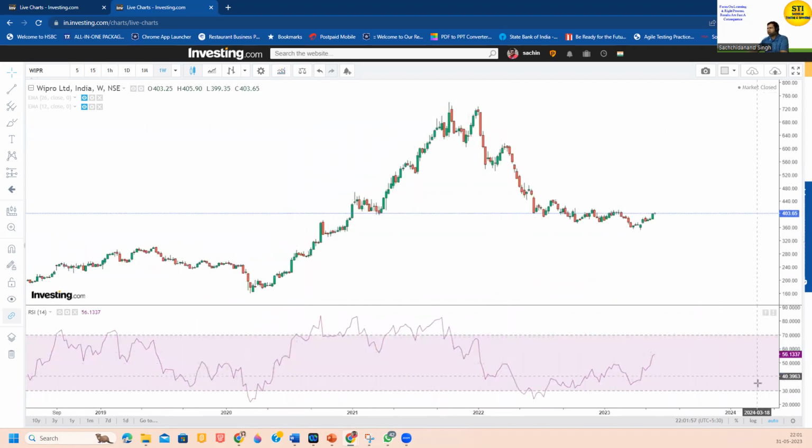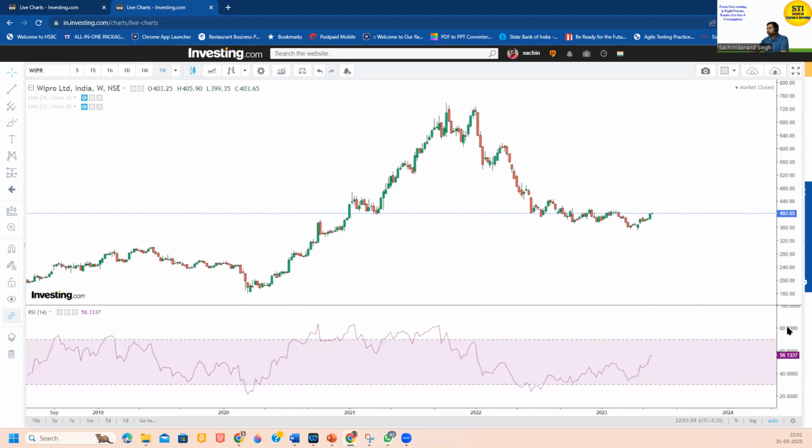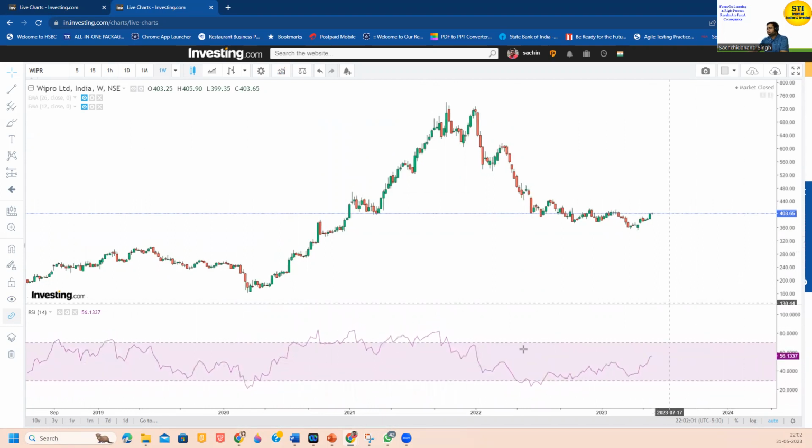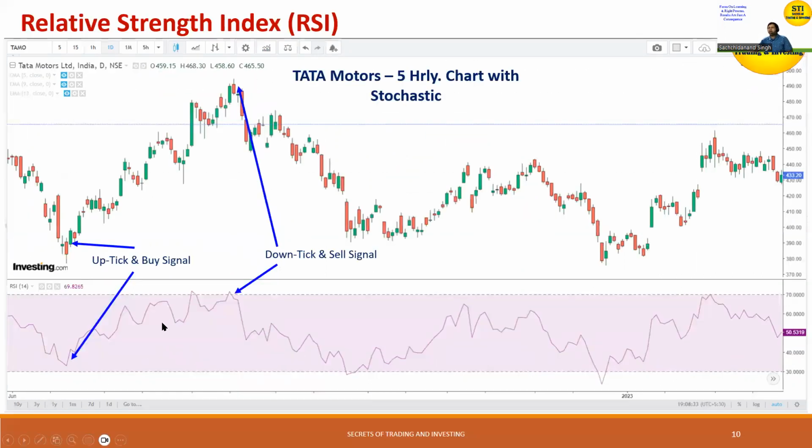Again, it oscillates between 0 and 100, and that is why it is named an oscillator. How to read it? It is very simple, and it has only one line. MACD and stochastic have two lines, the blue and red.